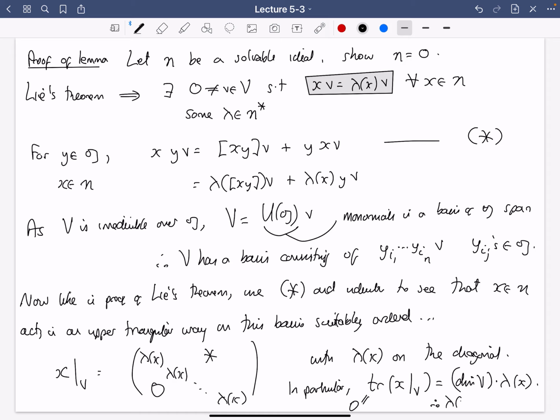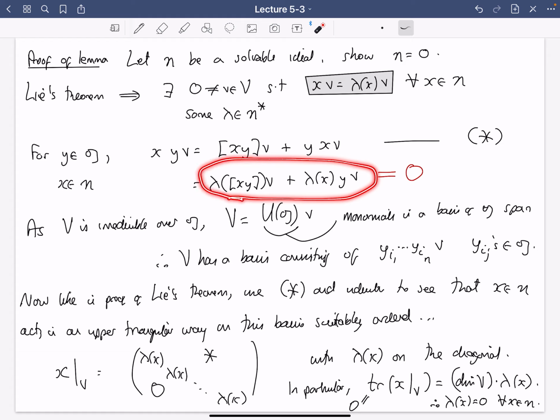So this actually shows that lambda of x is 0 for all x in n. Now maybe it's helpful to look at star again in the light of this. We've shown that this functional lambda is simply 0, so the right-hand side of star, everything appearing there, is simply 0.